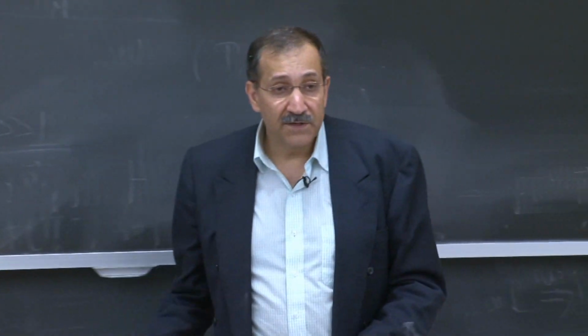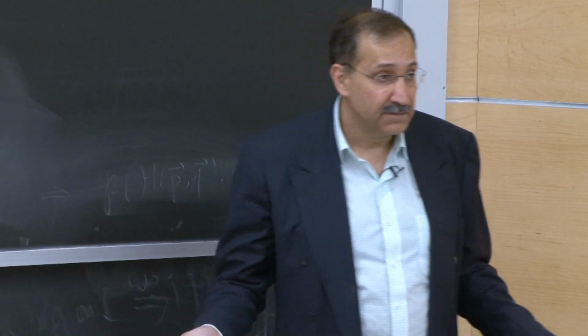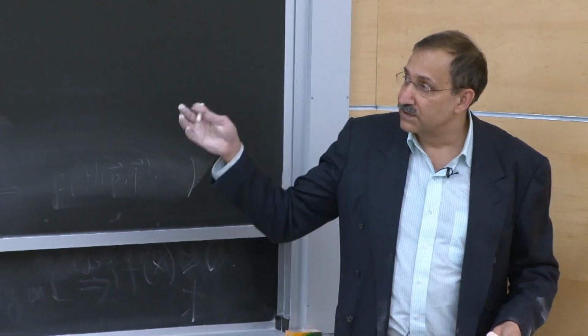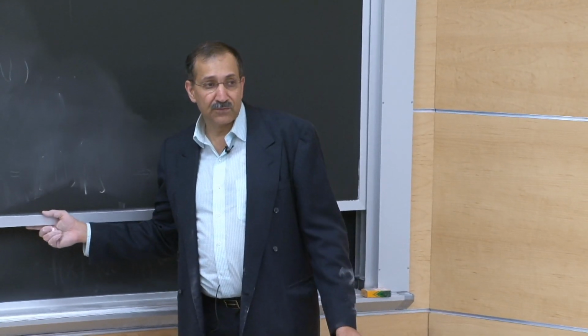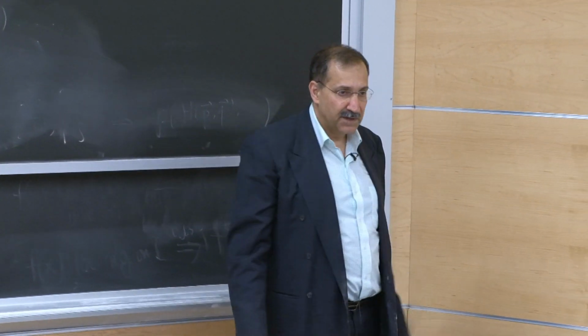The one law of thermodynamics that I cannot prove from what I have given you so far is the third law. There is no reason why the entropy should go to zero as you go to zero temperature within this perspective.